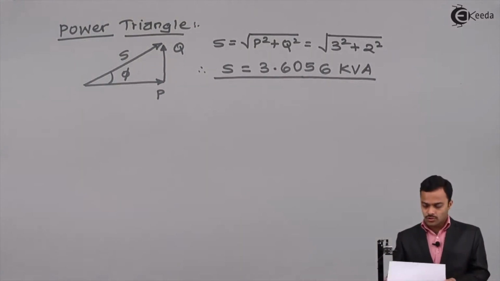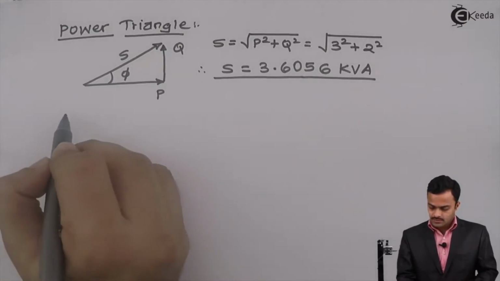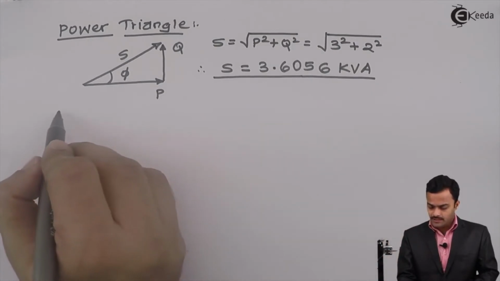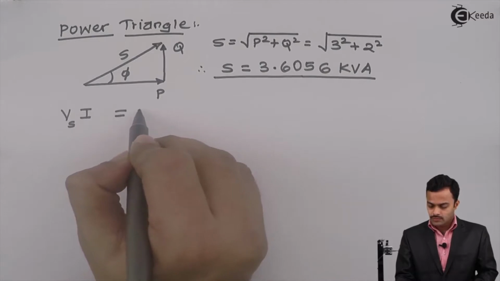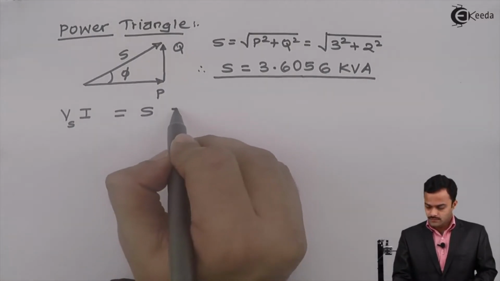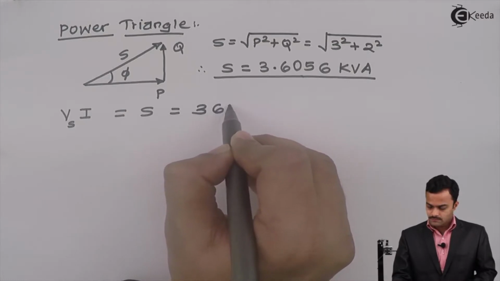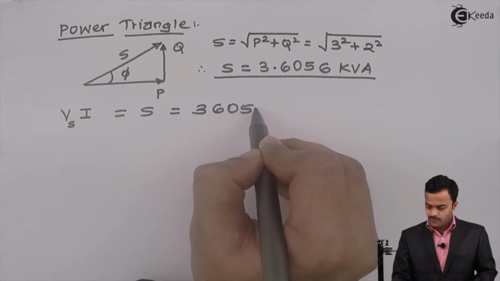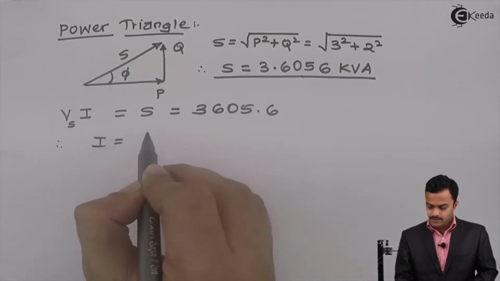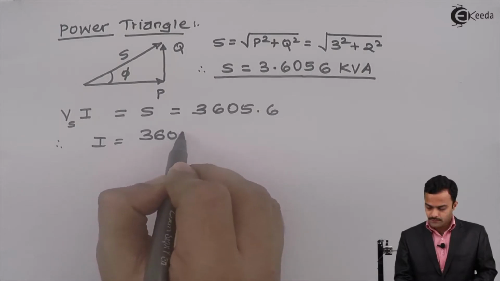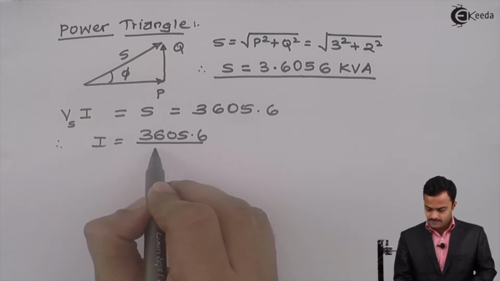Once kVA is known, I know the voltage, I can get a current. So S in kVA is given by Vs into I equal to S, which is equal to 3605.6. So I will be 3605.6 divided by Vs, which is 240.